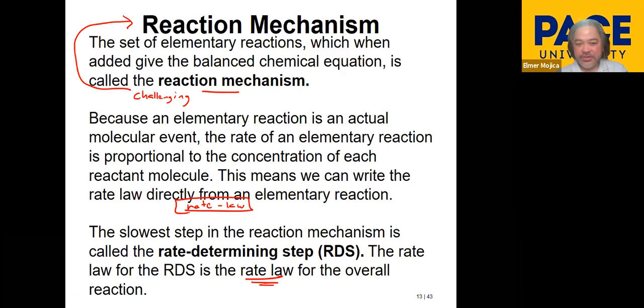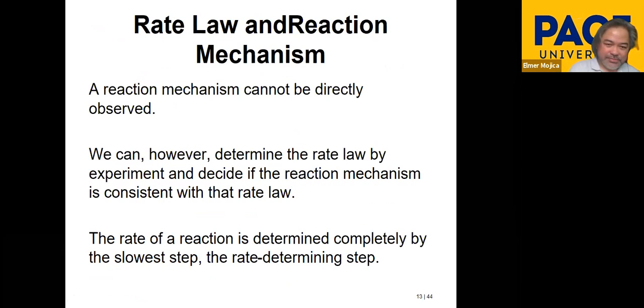Okay? So the way we look at this, a reaction mechanism cannot be directly observed. However, you can determine the rate law by the experiment and decide if the reaction mechanism is consistent with that rate law. Okay? And the rate of the reaction is determined completely by the slowest step, which is the rate determining step.